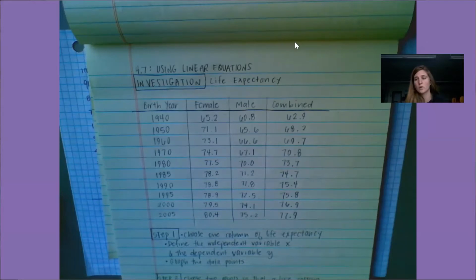So what we're going to do is look at this investigation about life expectancy rates. This is looking at the relationship between the number of years a person is expected to live and the year in which that person was born. Life expectancy is a prediction that's very useful in the medical field as well as in insurance.